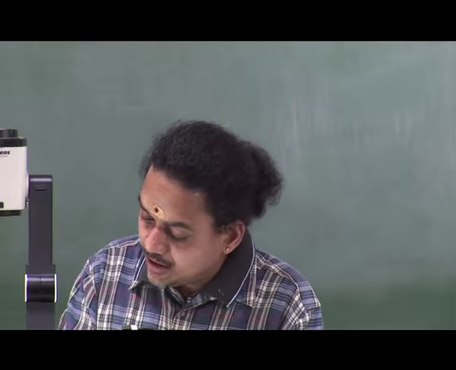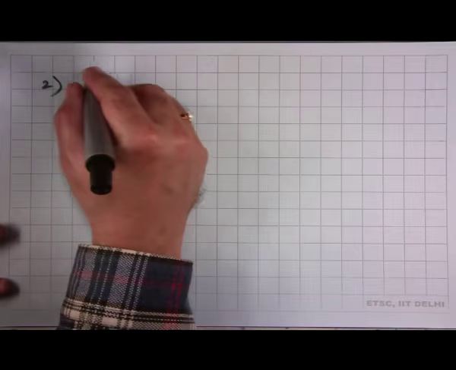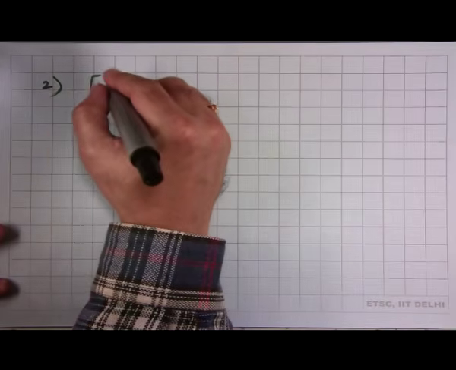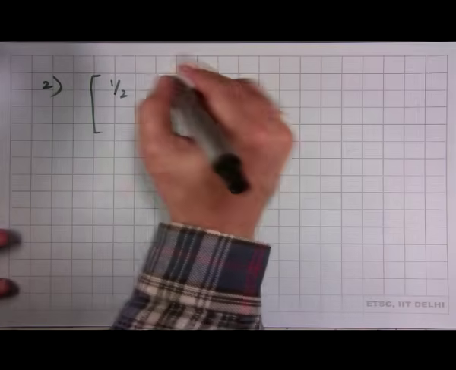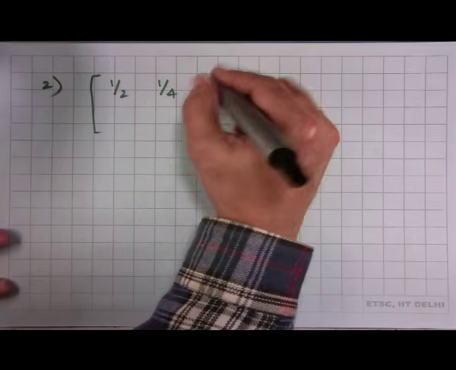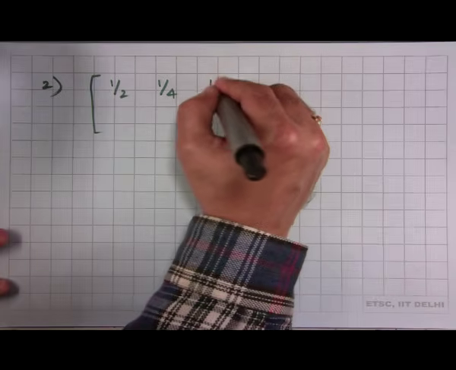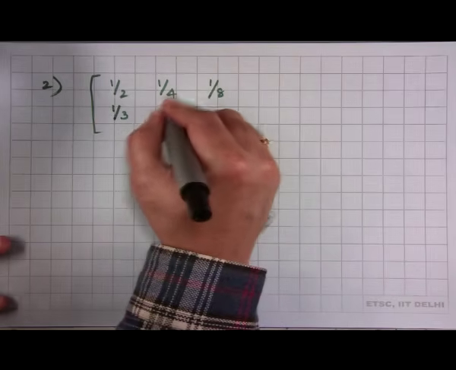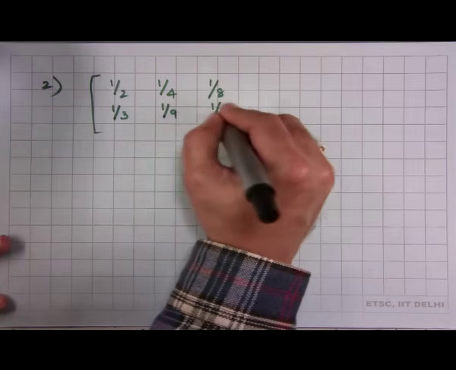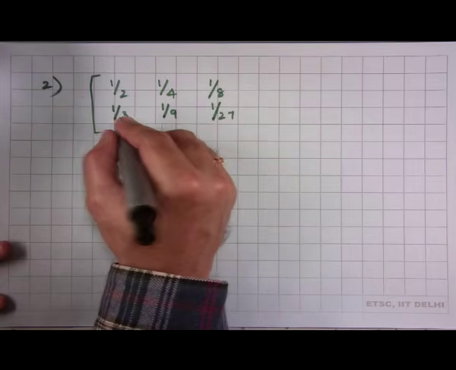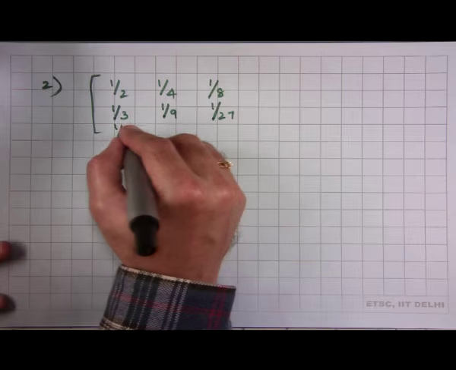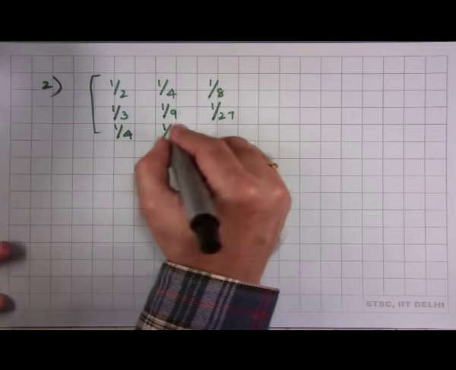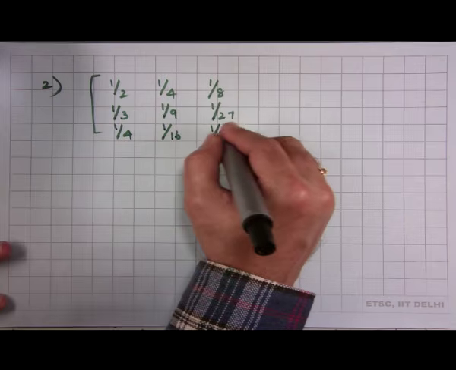Let us do one more example. Let us write it this way: half, 1 by 4, 1 by 8, 1 by 3, 1 by 9, 1 by 27, 1 by 4, 1 by 16 and 1 by 64.